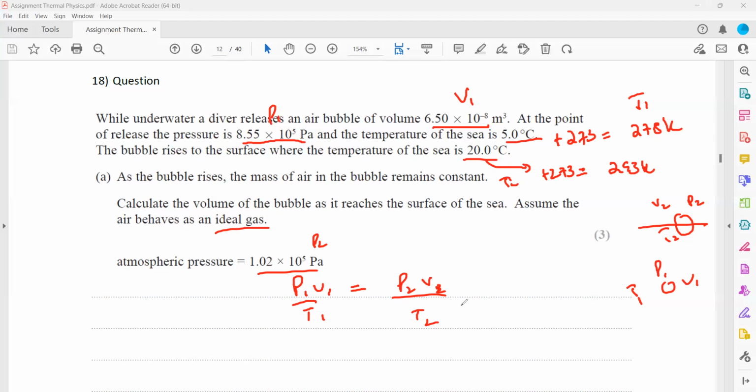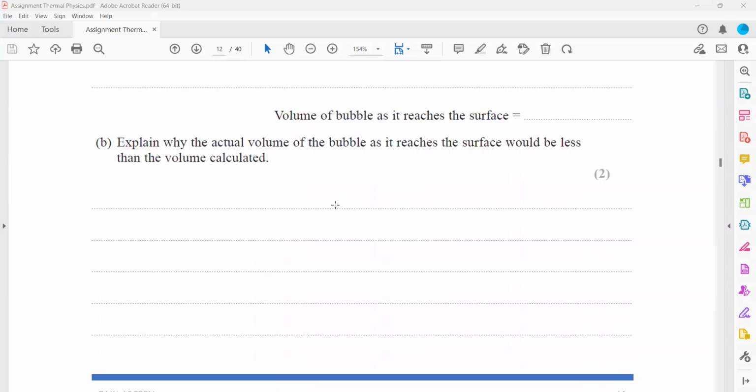So we just substitute and work out the final volume, which is V2. The next part, we just have to substitute the values.